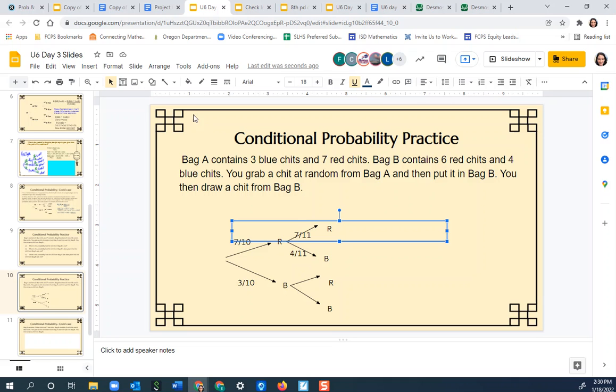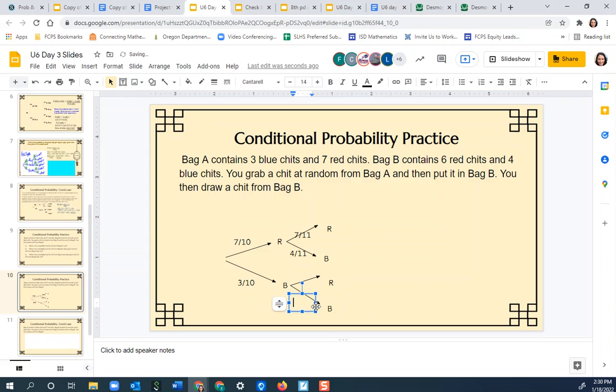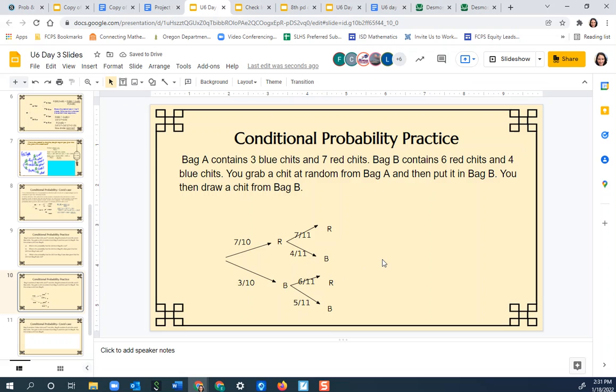So now it has 5 blue out of 11, right? So down here I'm going to do 5 out of 11 for the blue. So how many out of 11 are red? 6, yeah, because you need to have 11 tickets altogether. Okay. All right, that was the hard part, making the tree diagram.